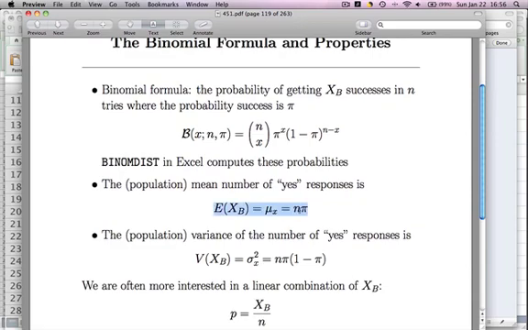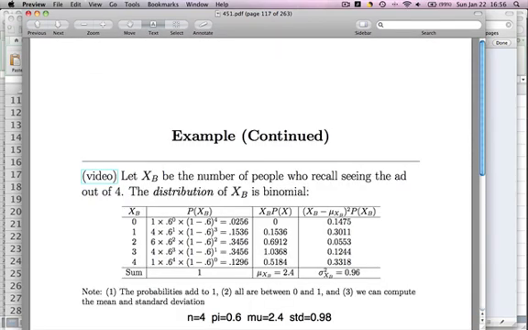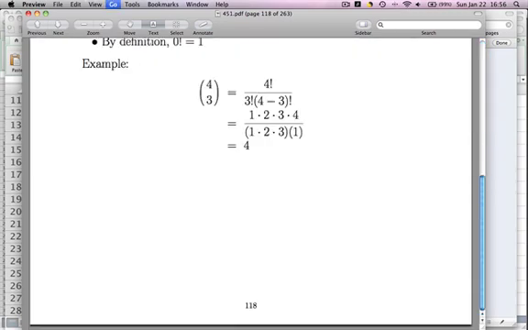The mean is just n times pi. So this is a shortcut formula to avoid doing the table. So let's try it on the recall example. If we take n, which was 4, multiply that by 0.6, well, 4 times 0.6 is 2.4, so it looks like it works. And I think that's a whole lot less work than going through the table.